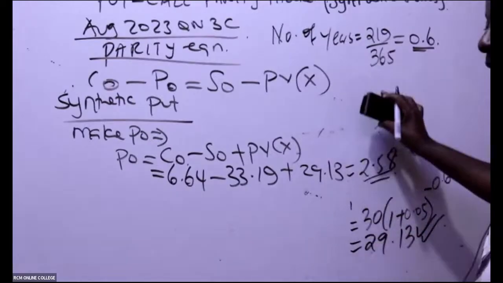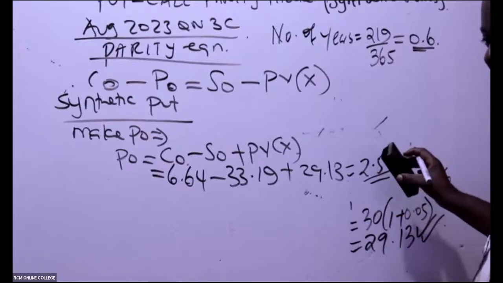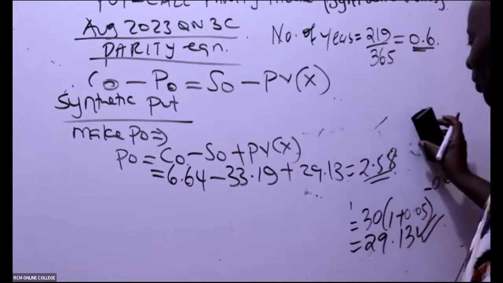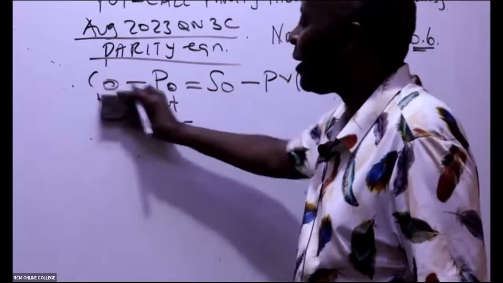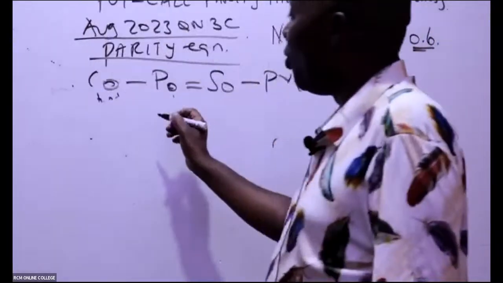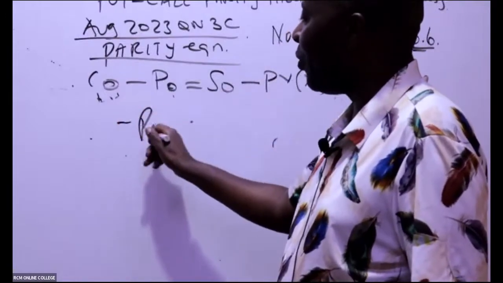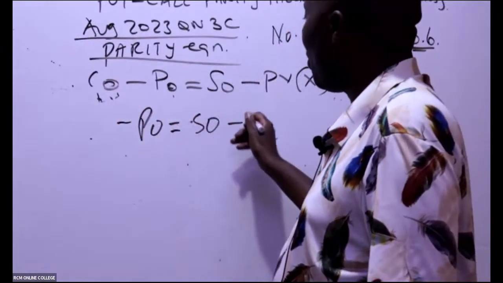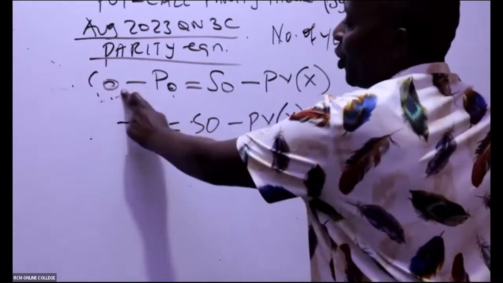Can I rub this? Have you guys been able to write up to here? All right. So then I can rub this comfortably. You see, if you want to make this PO the subject and that is an issue for you, then what some people will do, they will take this CO to the other side. So they'll say minus PO equals SO minus PV X, and then our CO is crossing over.